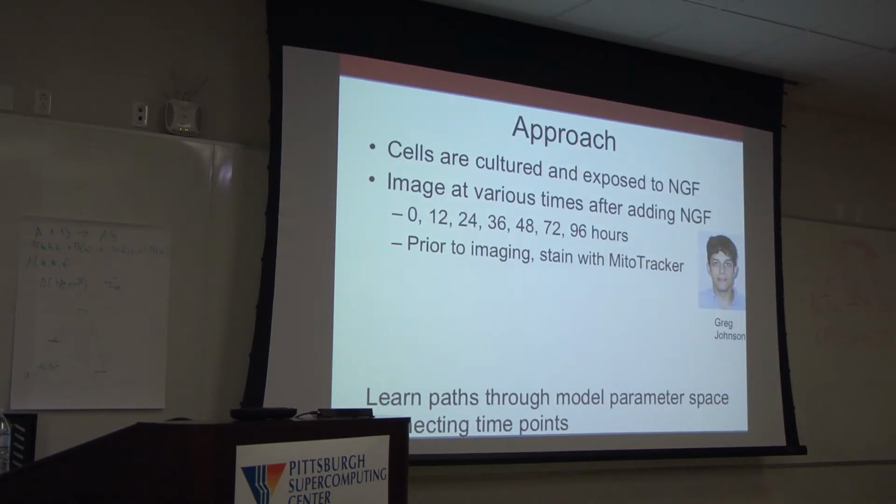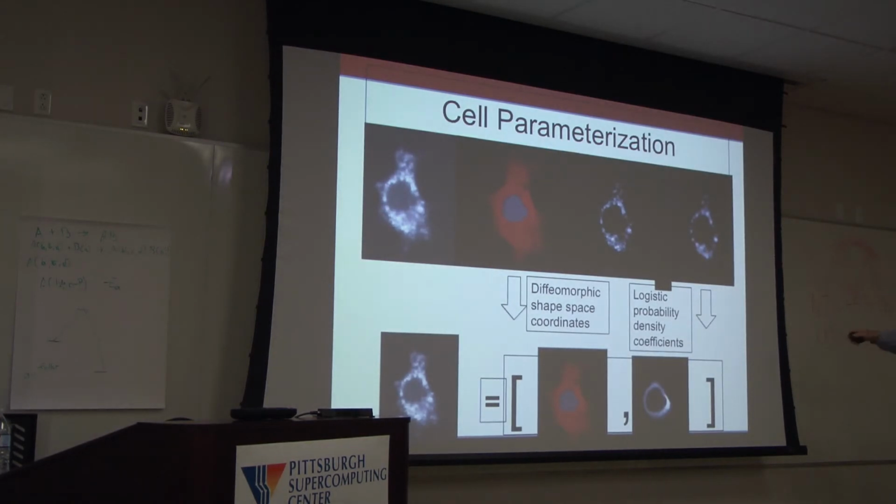So we imaged distinct time points, stained with MitoTracker, and imaged. Then we take the cell and nuclear shape and build a diffeomorphic model that you haven't heard about yet, but you're going to. And then we learn one of these point process type models for the mitochondria.